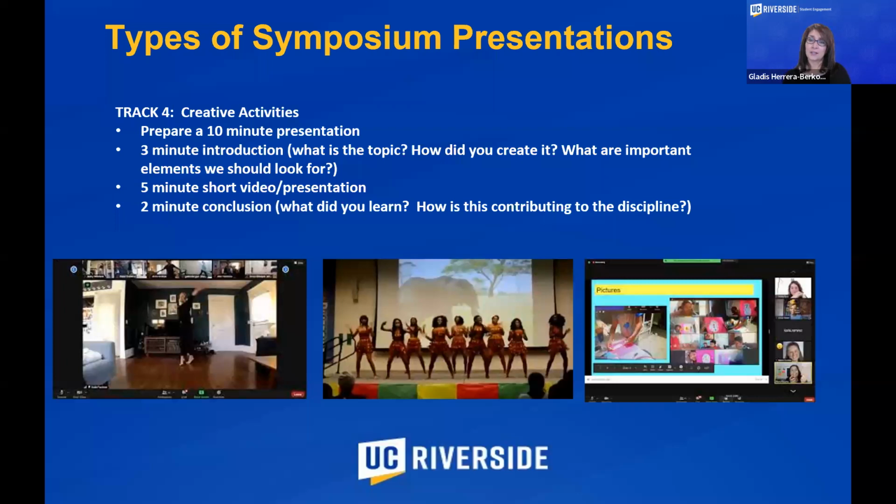So again, it's a great opportunity for you to talk to us about how you put this together, show us, and then have a 2-minute conclusion about what you learned. How is this contributing to your discipline? These are all important questions that arise as you're telling us about this work. And again, this is really important work, and we want to learn from you.